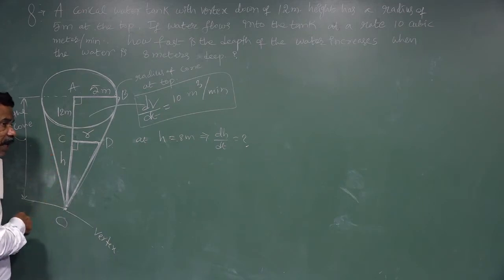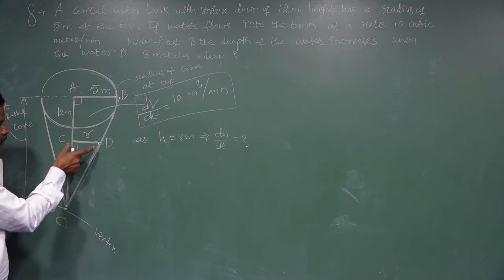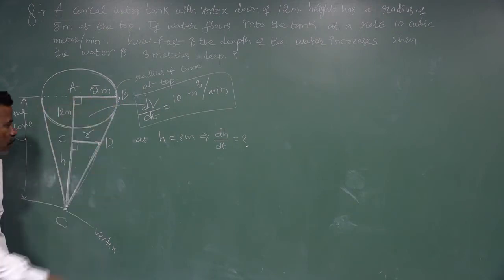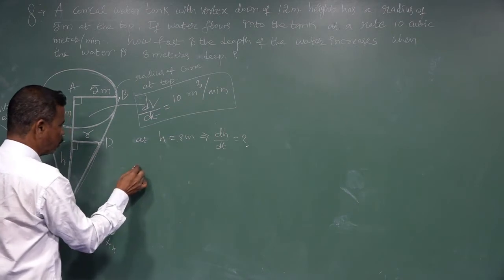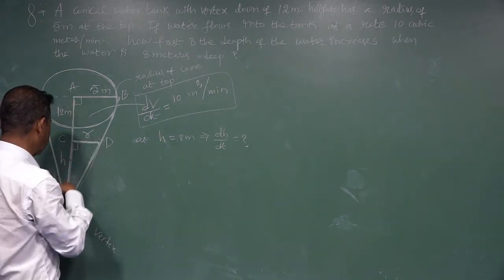These are similar triangles because one triangle is inserted in the other. These sides are similar, this total side is similar to this side.